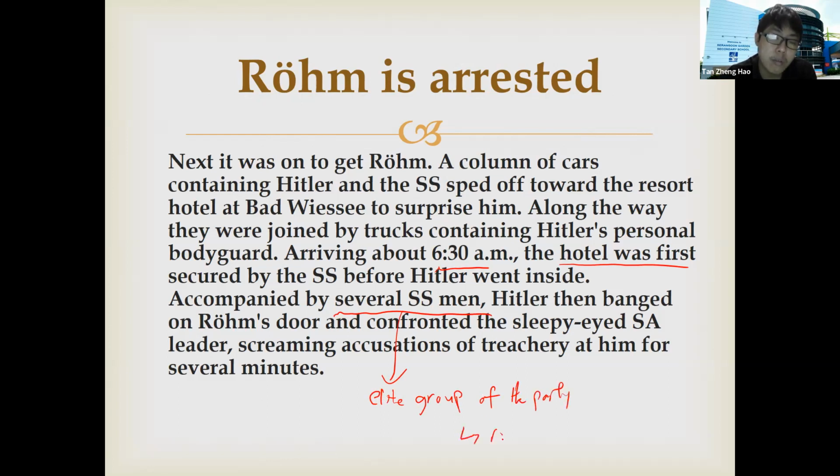They are like the rival to the SA. So one group was the SA and another group was the SS. So he led the SS to arrest the leader of the SA. Röhm was very surprised and he was arrested.